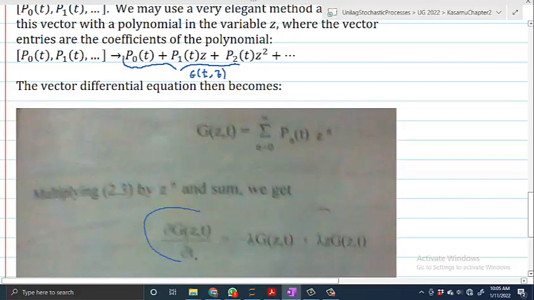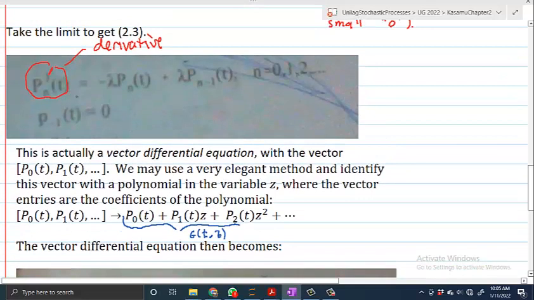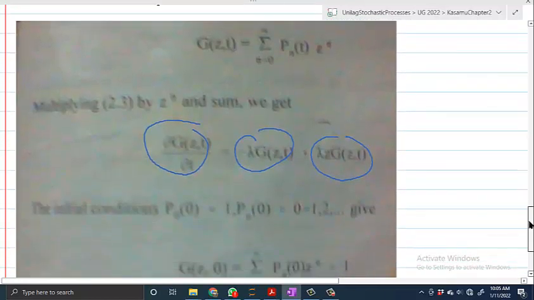So these three terms here come from these three terms here when you multiply these terms by z to the n and then sum. Okay? Now this is very nice. Instead of an infinite sequence of equations, we have a single equation involving a polynomial in two variables.